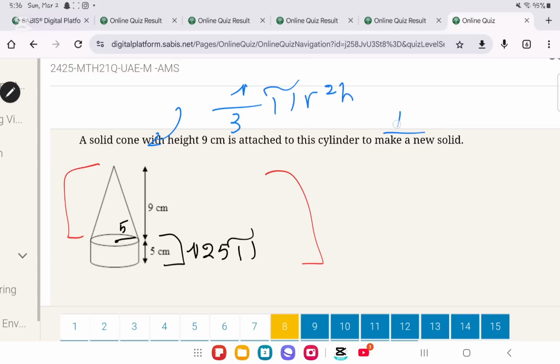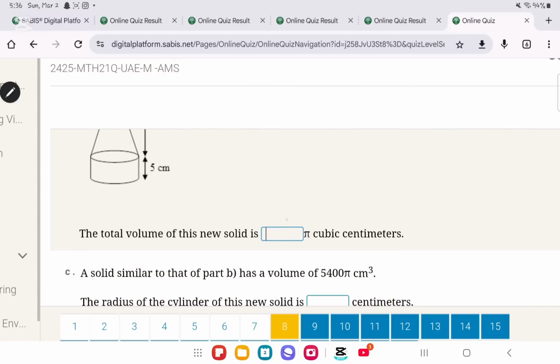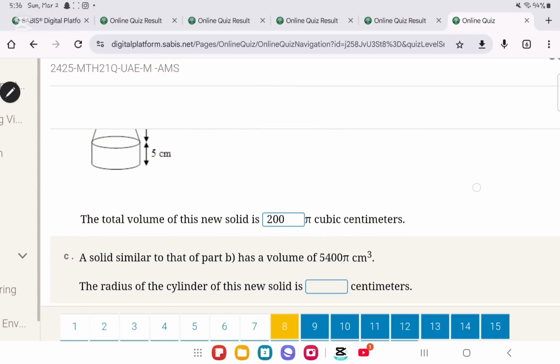So it's going to be 1 over 3 times pi times the radius squared times 9. So on your calculator, you are going to get it to be 75 pi. Now to get the total volume of the shape, you're going to add them together and you're going to get 200 pi. So very simply, 200 pi cubic centimeters.